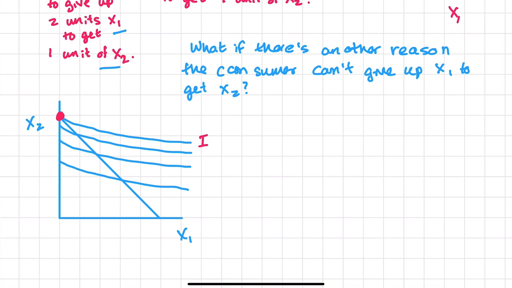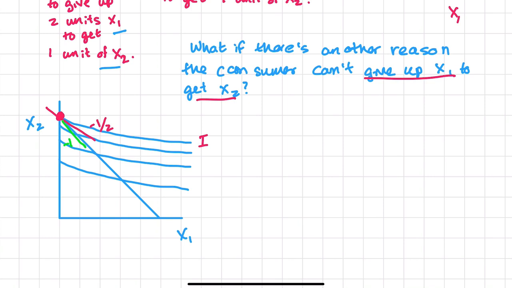But the reason that we can't give up more x1 to get x2 is that we're already at 0 x1. We can't give up more x1 because we are at the boundary. So it's possible here at the boundary that the slope of the indifference curve could be something like -1/2, while the slope of the budget line is -1.